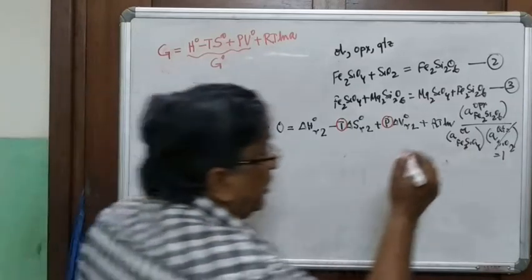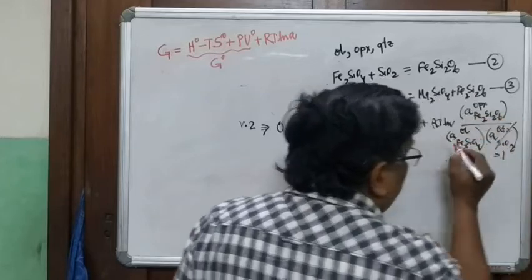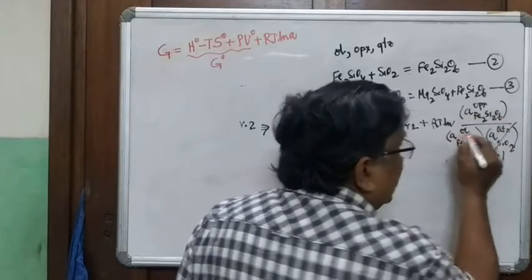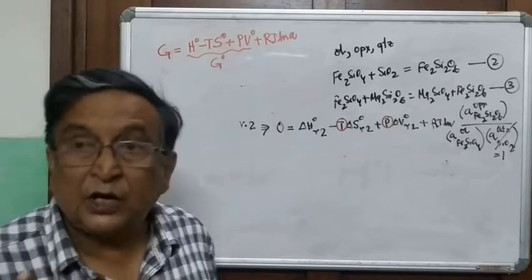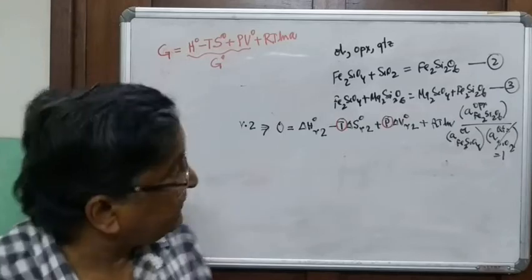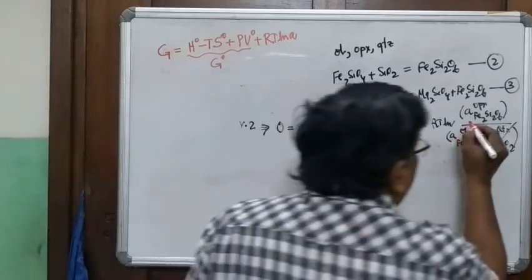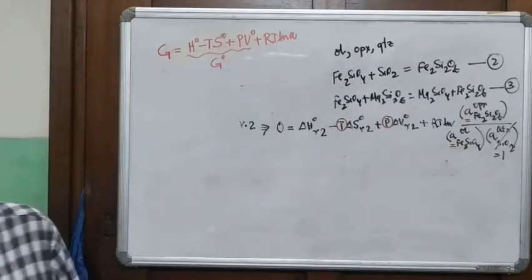And you have to find out activity of Fe2Si2O6 and activity of Fe2SiO4. You know that they can be written in terms of, okay, we will check up. This one and this one for you at the moment are unknown.